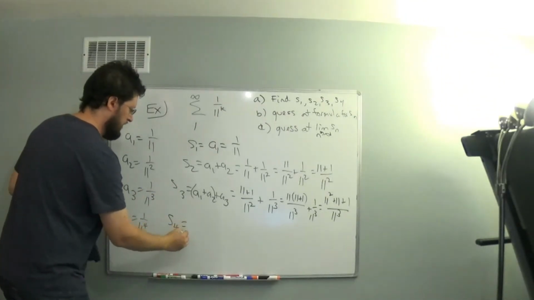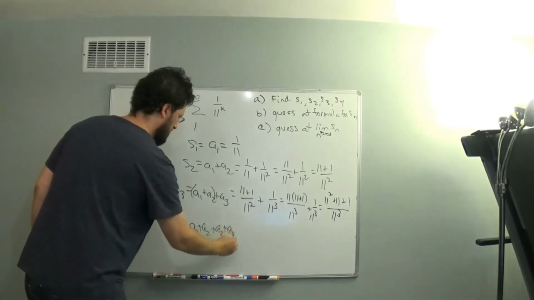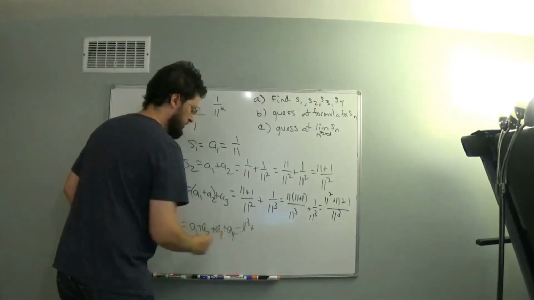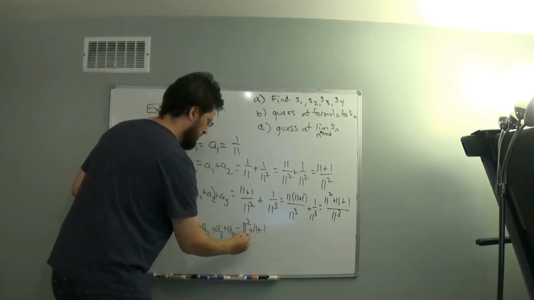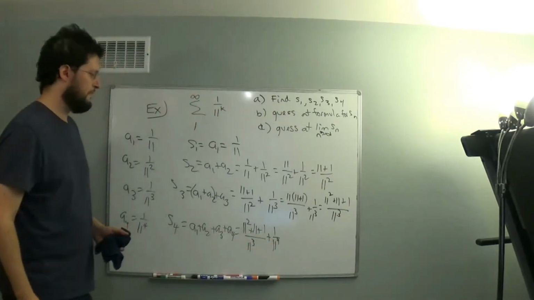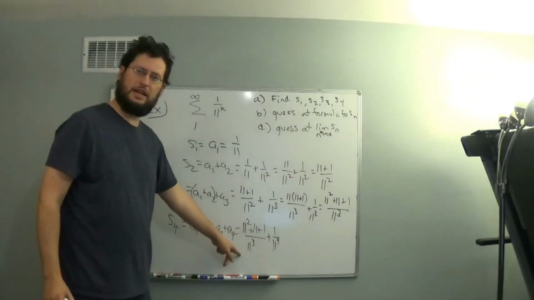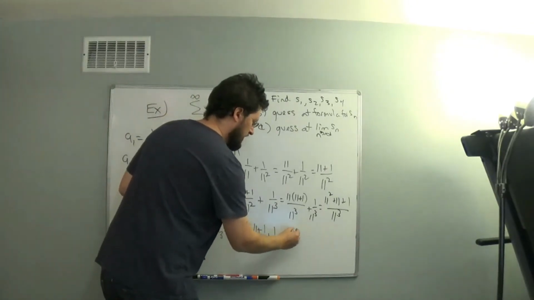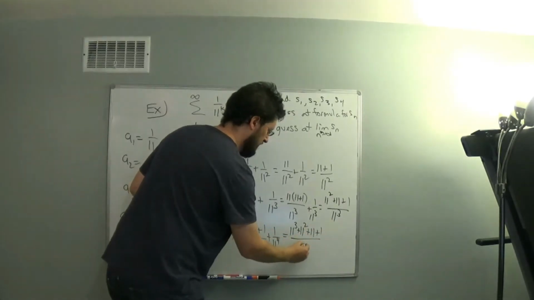S4 will be A1 plus A2 plus A3 plus A4, which is the value that we just calculated, 11 squared plus 11 plus 1 over 11 cubed, plus 1 over 11 to the 4th. If we do the same thing, I'm not going to work out all the details, but if I multiply by 11 over 11 again to get a common denominator, distribute the 11 through, and add everything up, I get 11 cubed plus 11 squared plus 11 plus 1, all over 11 to the 4th.